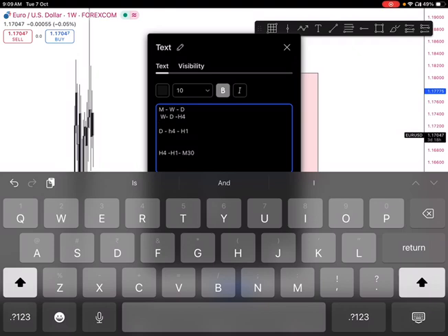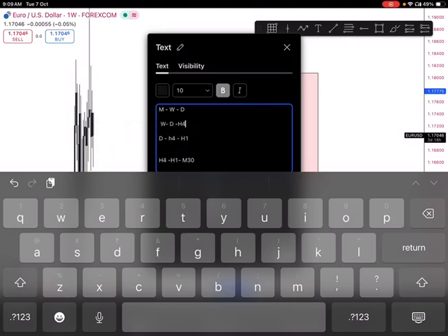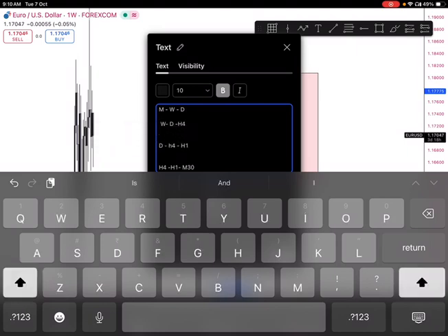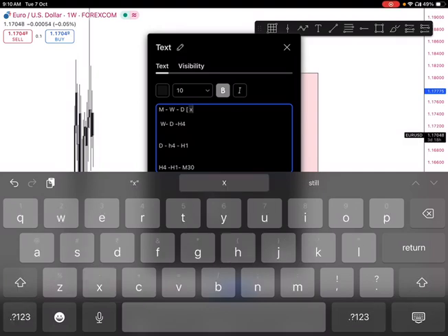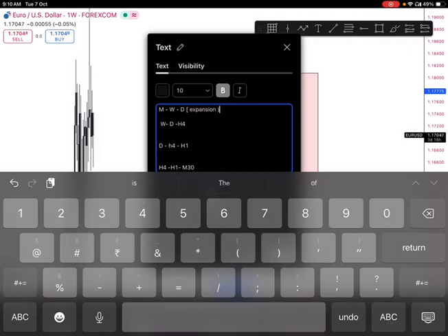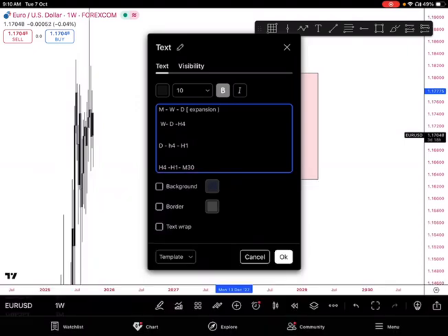These two are the father of bias. They will give you the big direction for this whole expansion. When you find the direction on these time frames, we call it expansion. When you see the expansion move on these higher time frames, the move is very big.